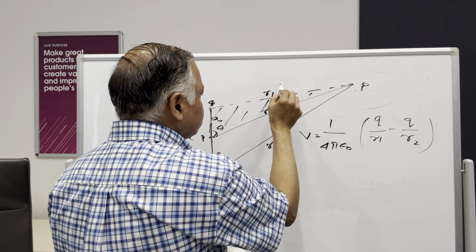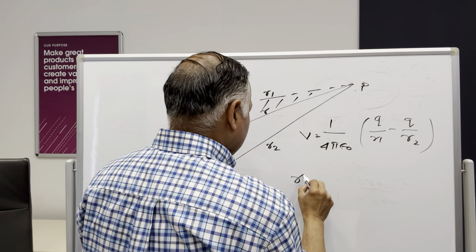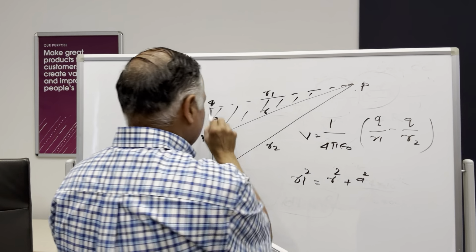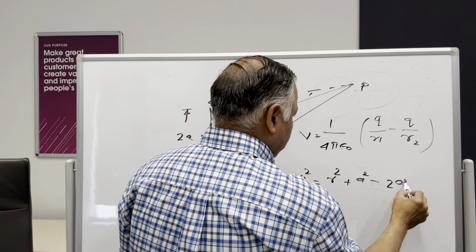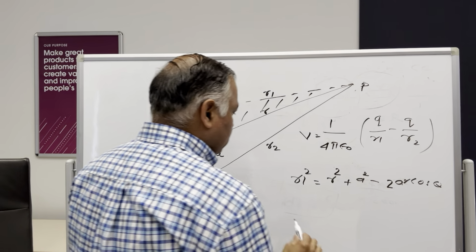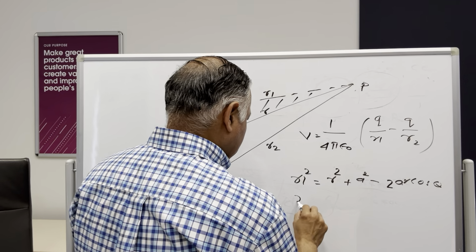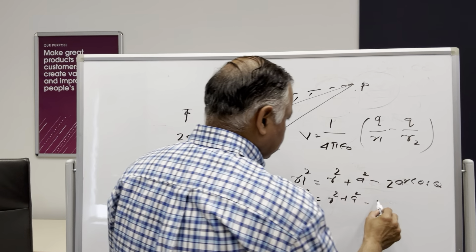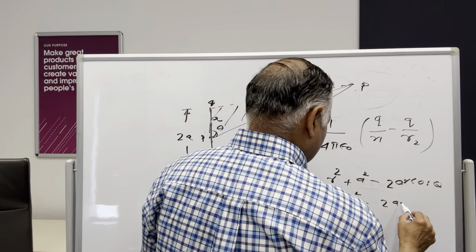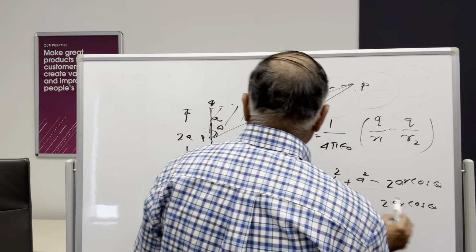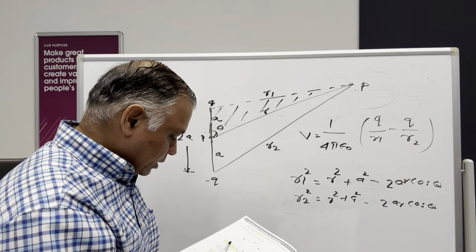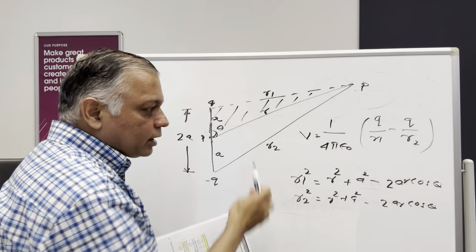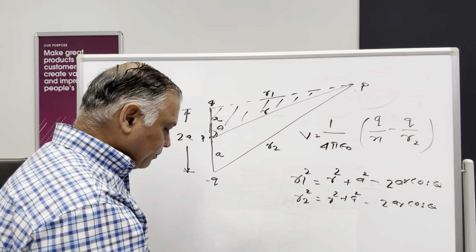We are trying to solve for r1 square. So r1 square is equal to r square plus a square minus 2ar cos theta. And then similarly, if we are calculating r2 square, that is r square plus a square plus 2ar cos theta, right? Because this angle is, as it shows, theta, and the same thing for the other. So there are two triangles. Basically it's normal trig that we are solving.